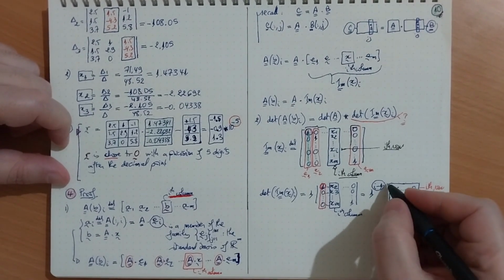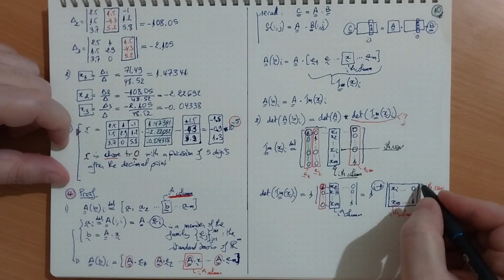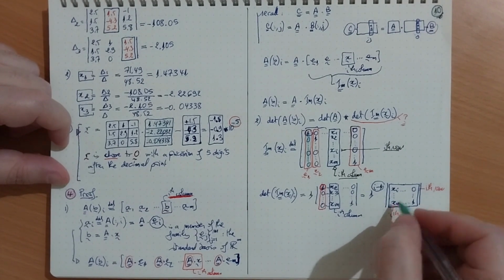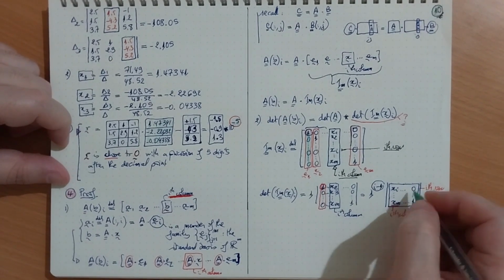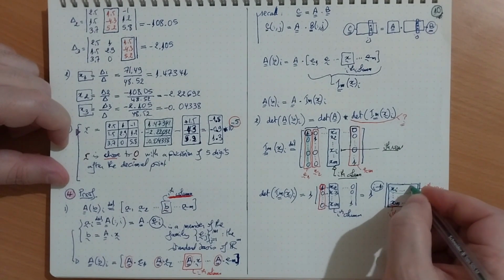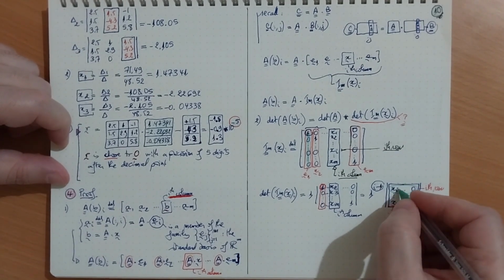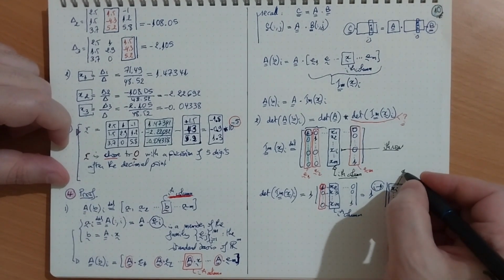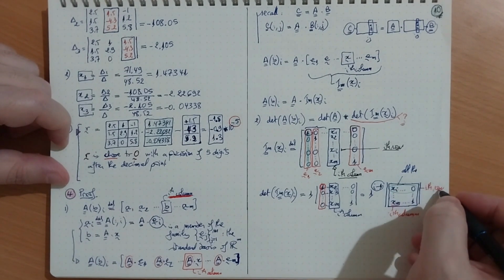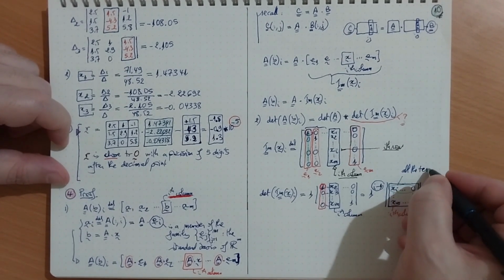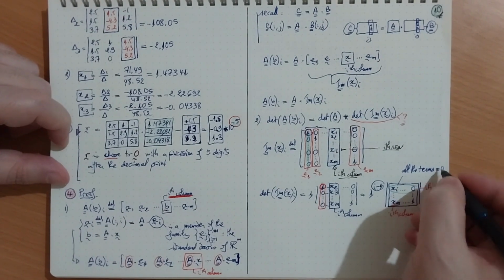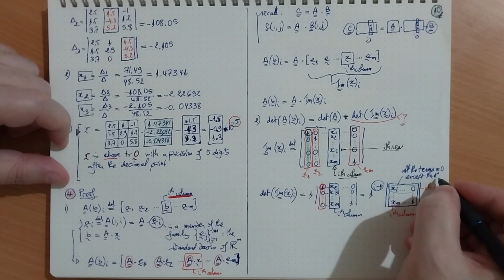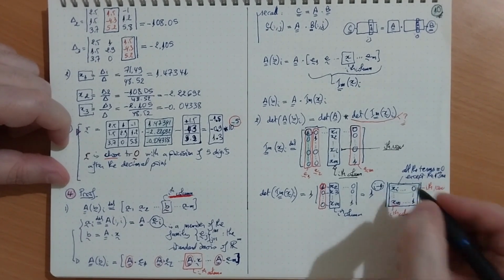So the determinant of this. Here we can choose the row, not the column, because all the terms here are equal to 0 except the first one. So all the terms of the ith row are equal to 0 except the first one.